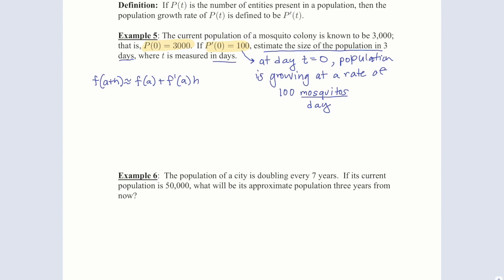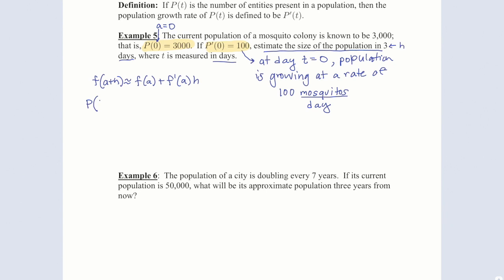Right? So here, instead of f, we have p, and we're trying to think of a formula for p of 3, but we know something about 0. So for us, the a value is going to be 0, and the h value is how far we are away from that anchor point, and in this case, that's going to be 3.